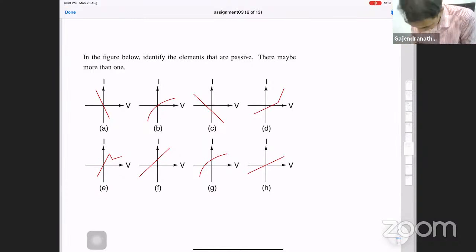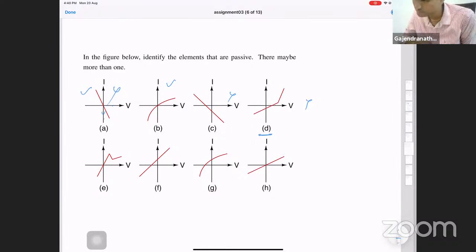Now let's see whether each one is passive. Here, the voltage is positive but the current is negative. If I apply a positive voltage across it, instead of taking current, it's giving current, so it cannot be passive. This one can be passive because the voltage and current are proportional, and for a positive voltage you get a positive current. Similarly here, this cannot be passive. Is D passive or not?